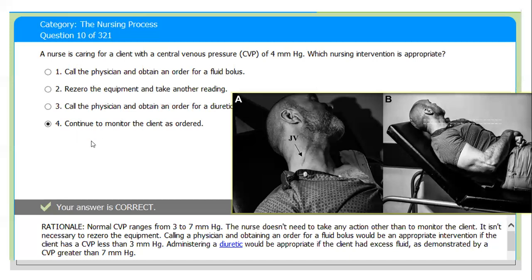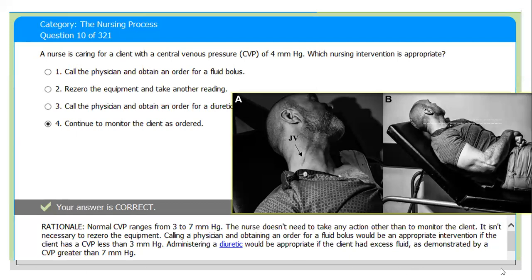What we need to know for the board exam. In this picture, we can see the jugular venous pressure. We can measure it over there. So the correct answer is: continue to monitor the client as ordered, because the central venous pressure is 4, which means it is inside the normal range. The normal CVP range is 3 to 4 millimeters of mercury.